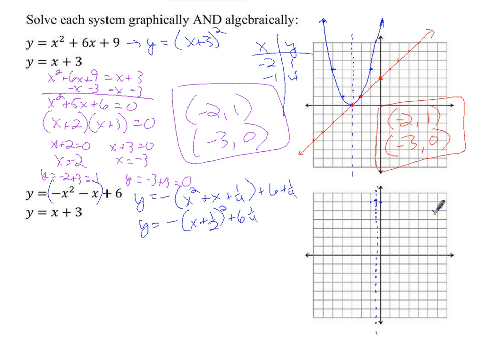Now I know that I need to set up my table, and I'm not going to choose 0 or -1 as one of my numbers. So give me another couple numbers to pick. 1 and 2. If I take 1 and I plug it in, am I going to like using vertex form here?